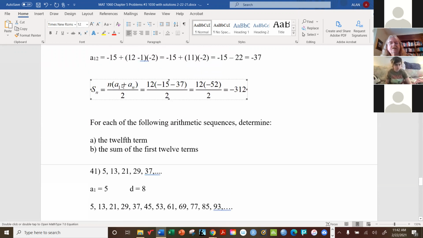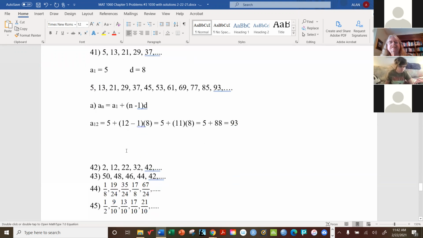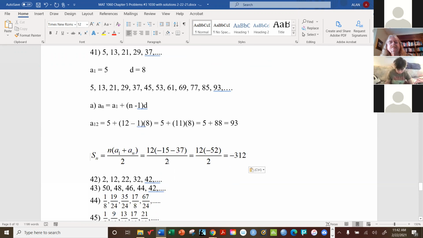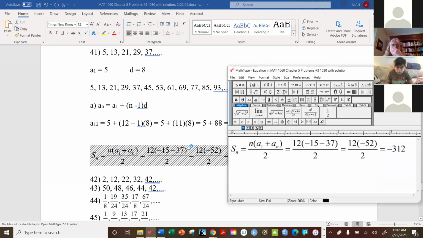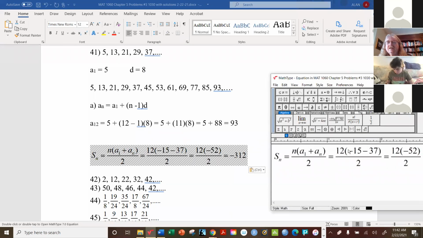And then our sum is the same. The formula is the same, except we have to change the first and last term right here in the parentheses. So we'll have 5 is the first and 93 is the last.